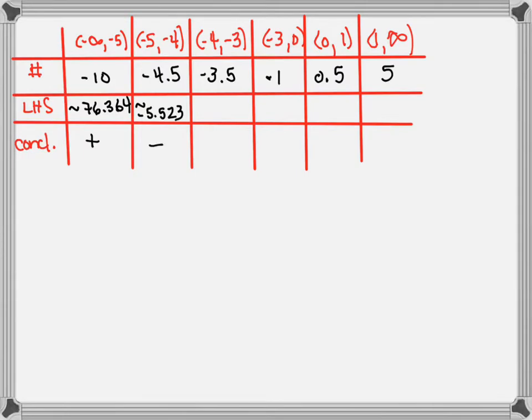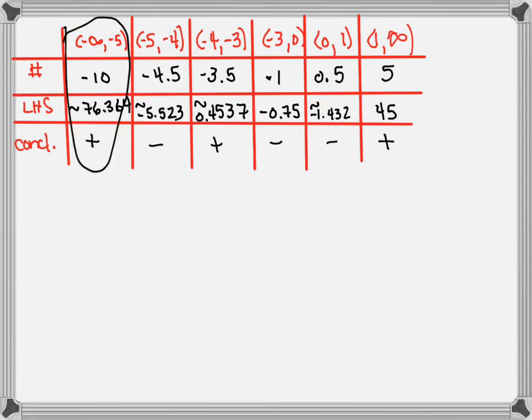When I substitute in -3.5, I get about 0.4537, which is positive. When I substitute in -1, I get -0.75, which is negative. When I substitute in 0.5, I get about -1.432, which is negative. And when I substitute in 5, I get 45, which is positive.